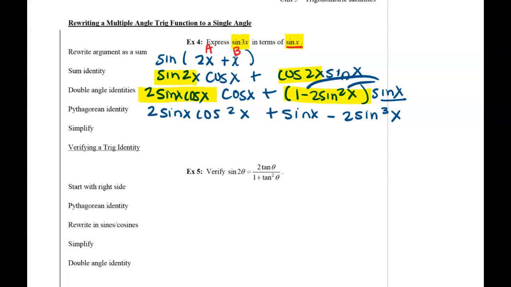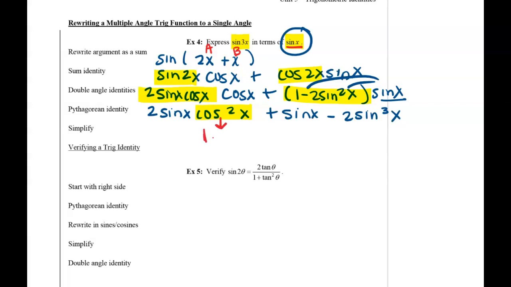All right, from there, I have cosine squared x using Pythagorean. And again, remember, I'm trying to get everything into sine x is what they asked me to do. So I've been moving everything towards sine. Cosine squared using Pythagorean is the same thing as 1 minus sine squared.